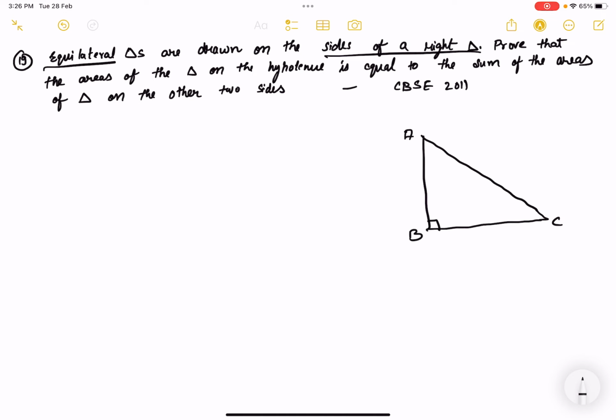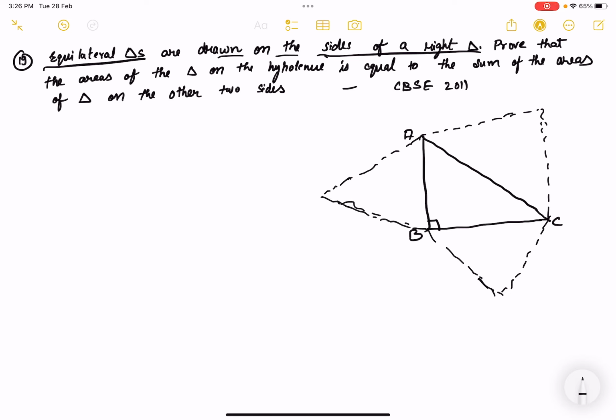Then equilateral triangles are drawn on the sides. So on all these sides we have to draw an equilateral triangle. So let's draw this. On this side also, all these triangles are equilateral. So on this side also, this is the equilateral triangle.